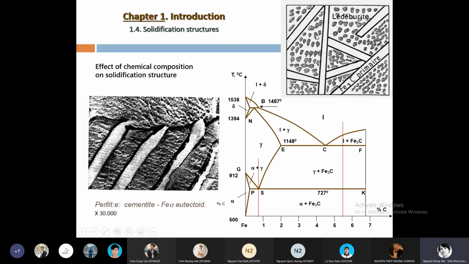We have austenite grain embedded in the cementite. So again, depending on the content of the carbon, we have absolutely different texture. It's the example of the effect of the chemical composition on the solidification structure. Very clear.